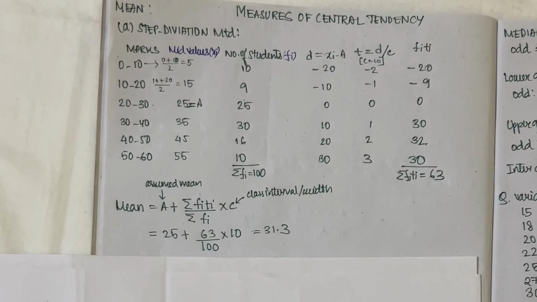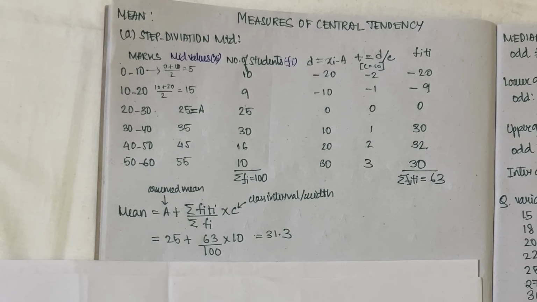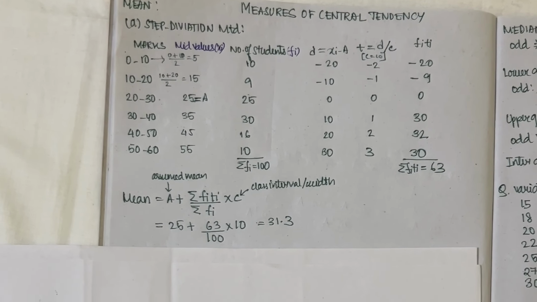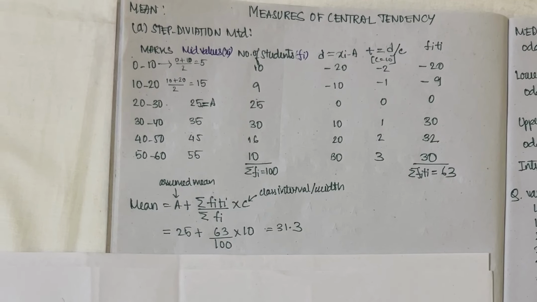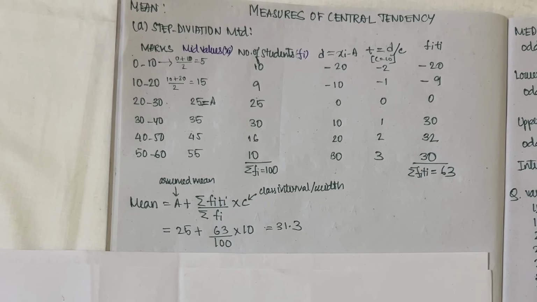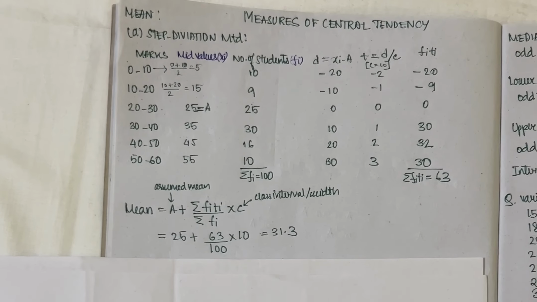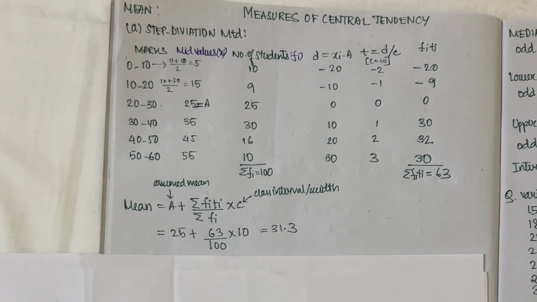Now t is equal to d by c. C is 10 because the class interval is 10. So on dividing we get minus 2, minus 1, 0, 1, 2 and 3.